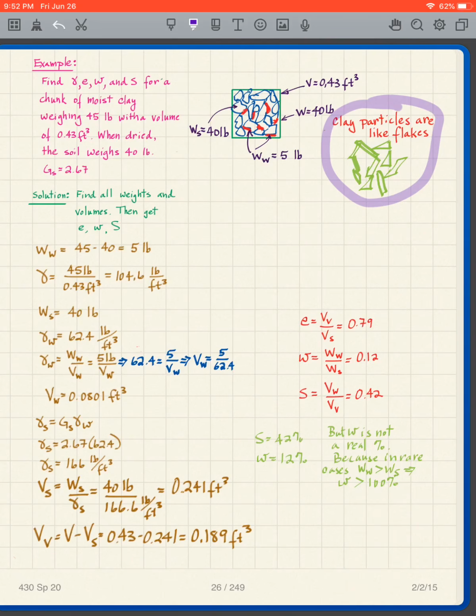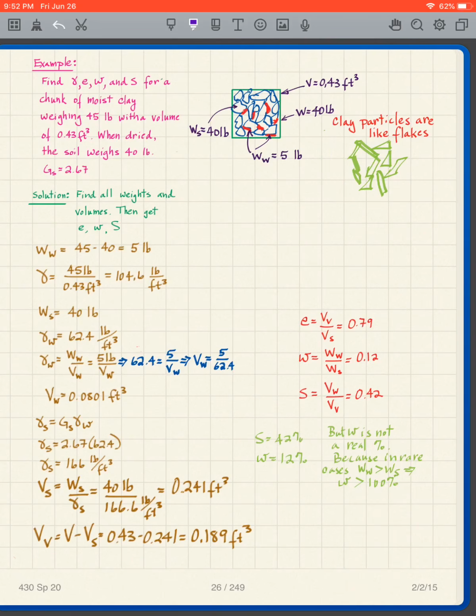So I want you to think of clay particles as flakes, like tiny corn flakes or tiny potato chips. And they tend to be rubbery. So think of them as a rubber potato chip or a rubber corn flake, but very tiny, obviously.